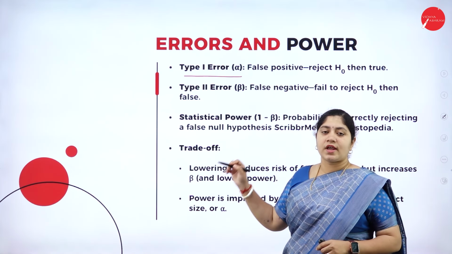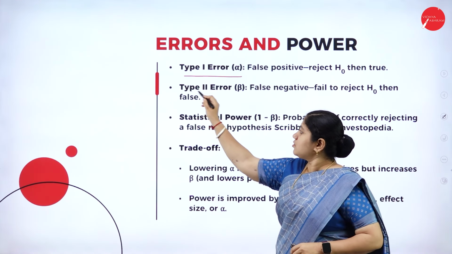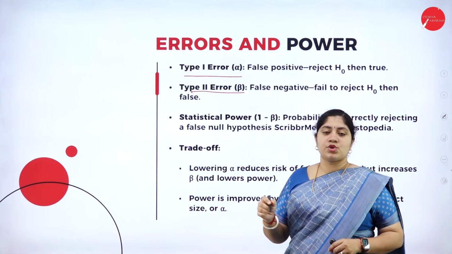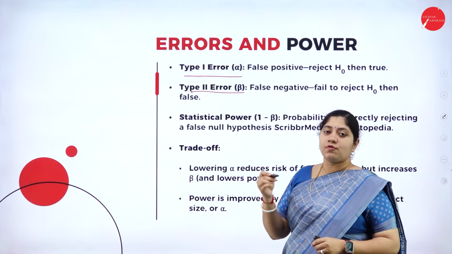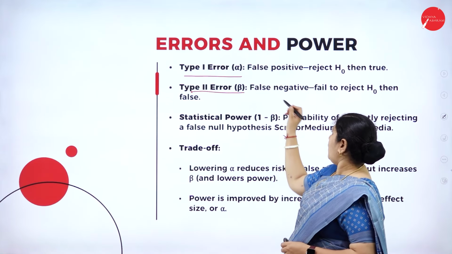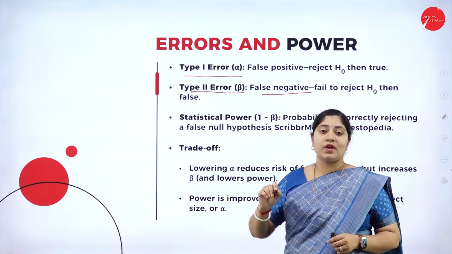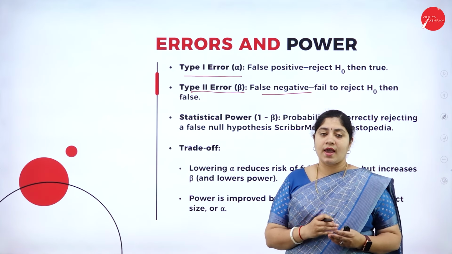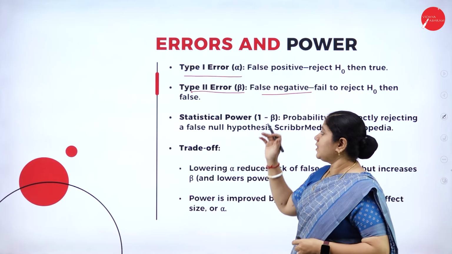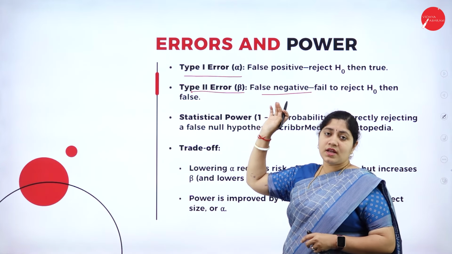Next one is a type 2 error, that is beta. So this type 2 error is also dependent on our null hypothesis, where whenever there is a false negative, that is, whenever we fail to reject the null hypothesis and it is false, at that point of time we can define our type 2 error.